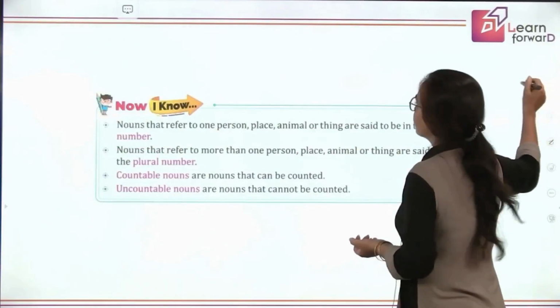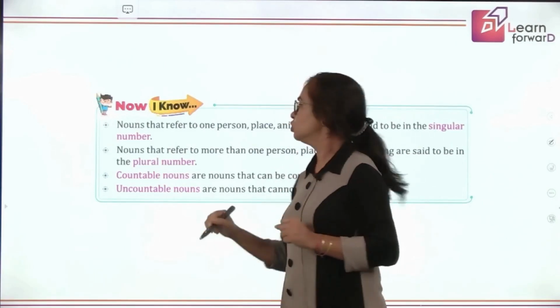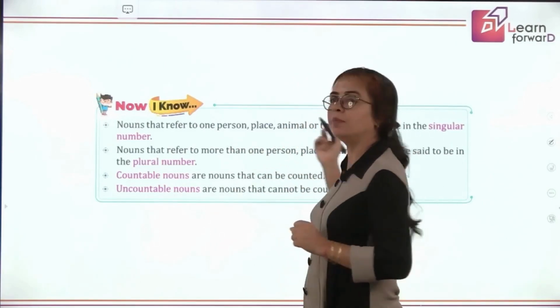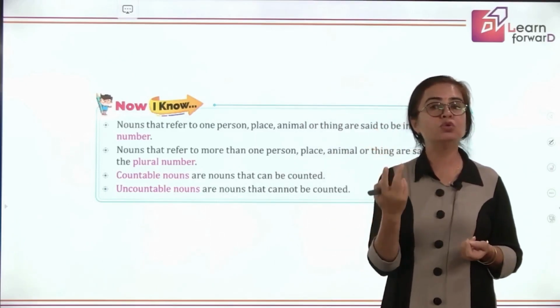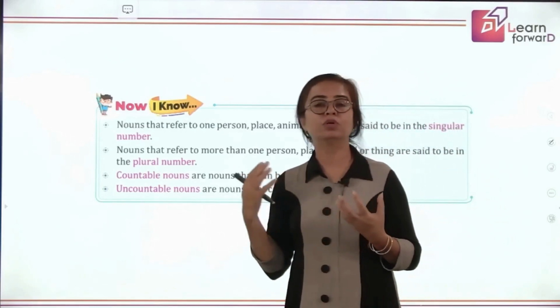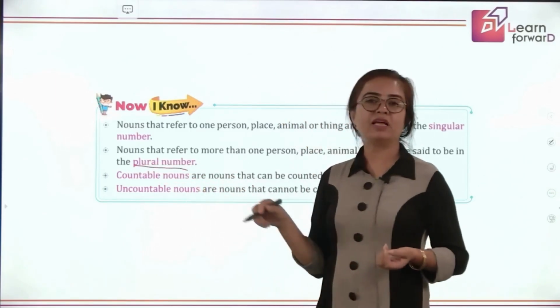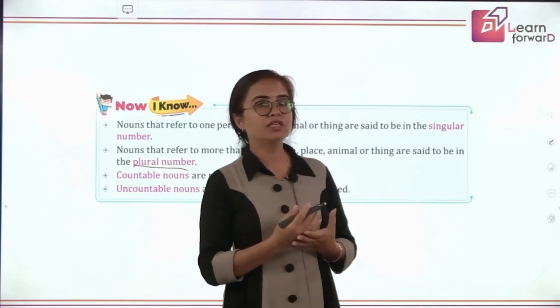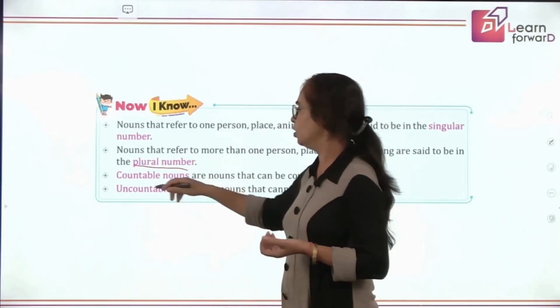Very good, students. So let's quickly recall what we have learned in lesson 2. It is about singular and plural. When we talk about one, that is a singular noun. When we talk about two or more than two, that means more than one, that is plural. And then we learned about the rules to change singular and plural. We have already revised them all in the beginning of this part.